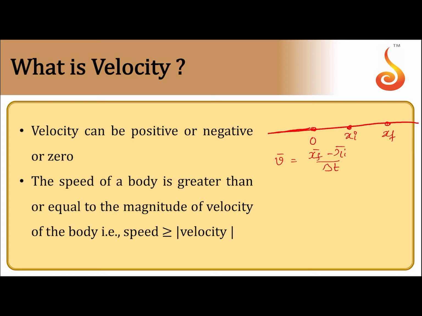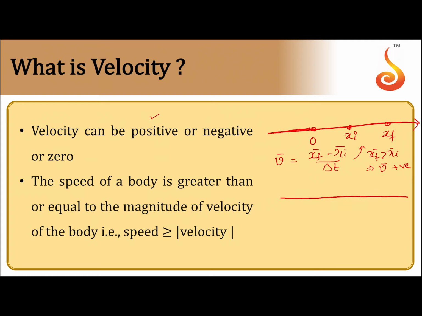So, if you look at this situation, xf is greater than xi and therefore, velocity is a positive quantity. In simple terms, if the final position is greater than the initial position, velocity is positive.